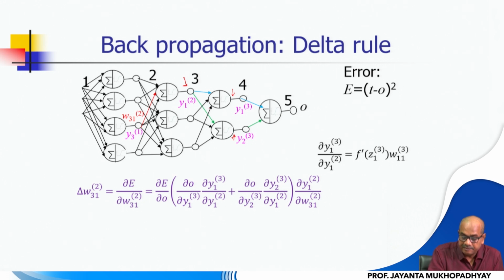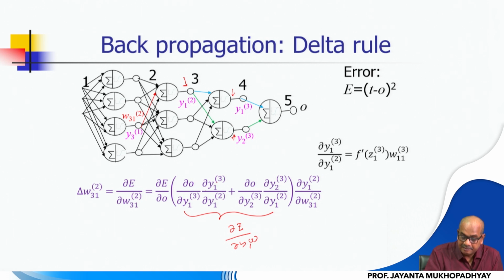Whichever layer it is connected to, this derivative should be the sum of the respective contributions along this path. This is delta E, delta Y12 that we are computing.